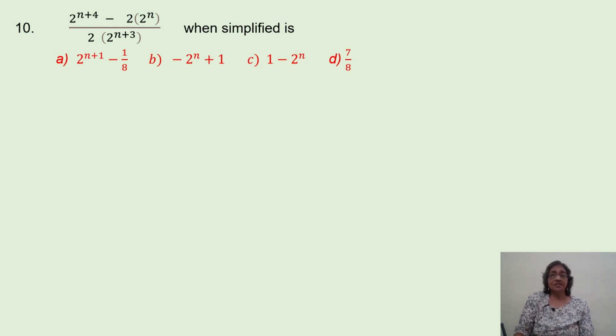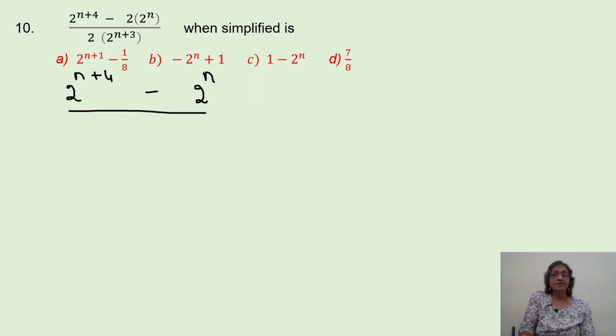This is an interesting sum, little tricky, and be careful. We have got a minus sign in the numerator. So what I'm going to do is, first thing, 2 raised to n plus 4 minus 2 raised to n, I'll leave it as it is. Sorry, this is 2 into 2 raised to n.